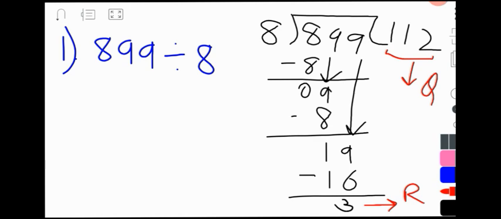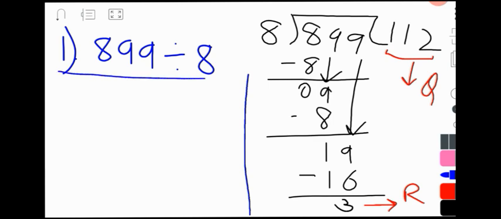So it's time to cross check our answer. We will use the same formula that we used in our previous video: dividend is equal to divisor multiplied by quotient plus remainder.